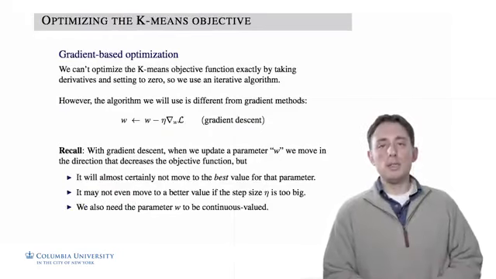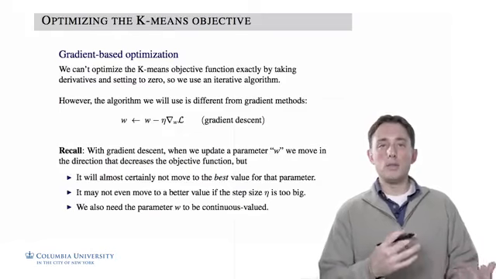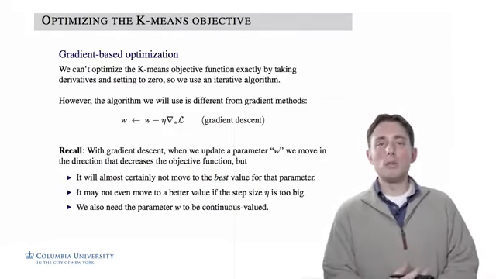Okay, so to minimize the k-means objective function, we need to have some sort of an iterative algorithm because we can't take the derivative with respect to mu and c and set both of them to 0 and solve.